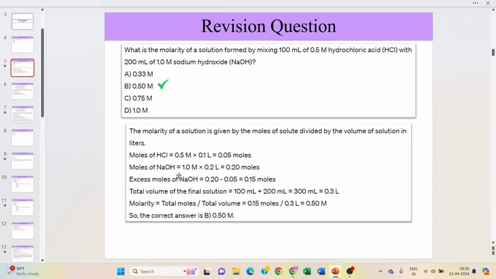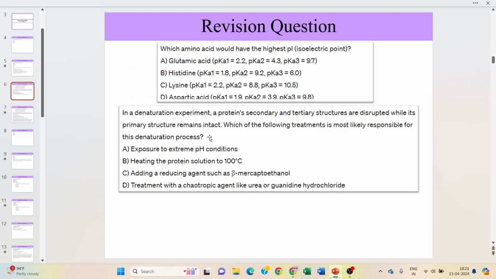The amount of NaOH is exactly double that of HCl, and therefore this excess number of moles, that is 0.15, is what we are having. The total volume of this final solution is going to be 300 ml, right? Molarity is total number of moles divided by total volume, that is 0.15 moles by 0.3 liter, and that gives you 0.50 molar. So the correct answer is going to be B, 0.50 molar.